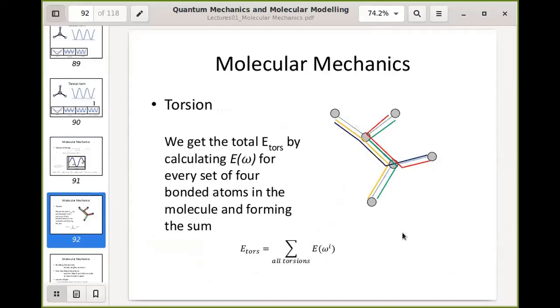Similarly, that green torsion is at 180 degrees. Again, that might not be at equilibrium. We'd have to calculate both of those energy values due to the torsion, and there are another two as well. And so the E-torsion would be the sum of four values, bearing in mind that each one would be quite complex to build up.